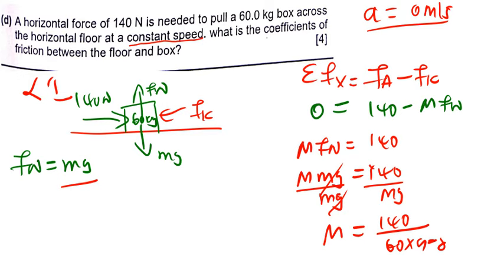So I'll say 140 divided by 60 times 9.8. I'm getting 0.34 or 0.24.